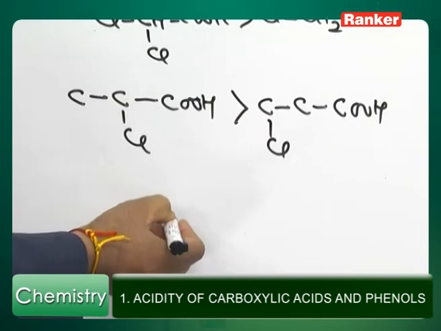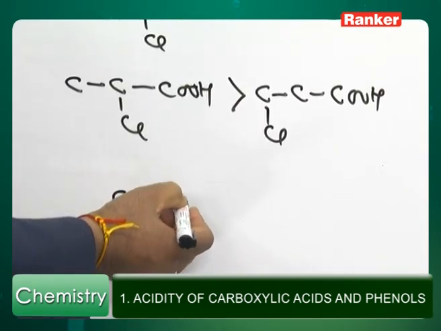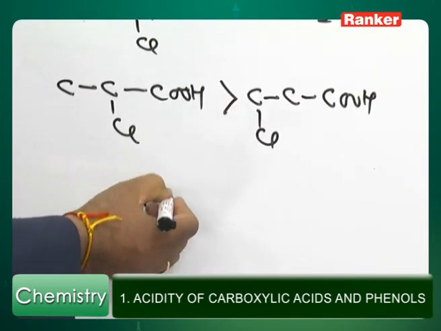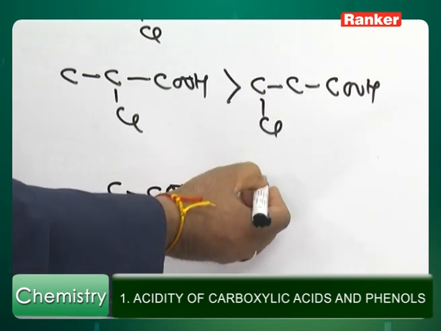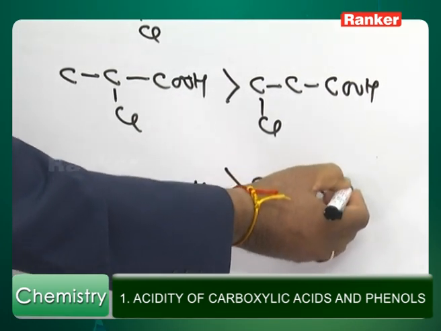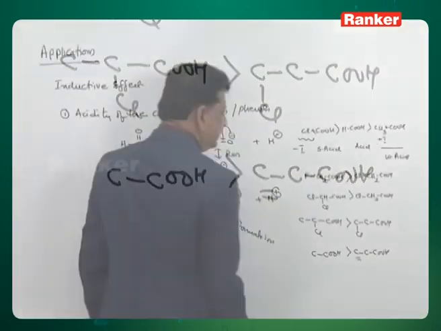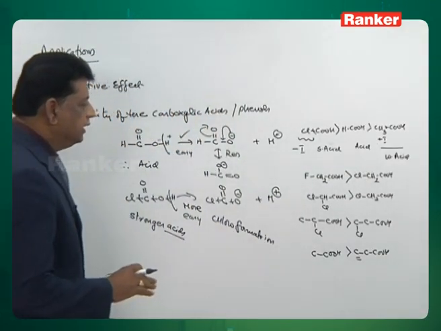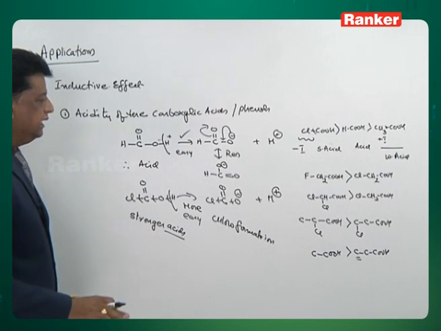Similarly, acetic acid is a stronger acid when compared with propanoic acid. That means one extra +I group is there. The more +I groups, the more the acidity decreases, isn't it?